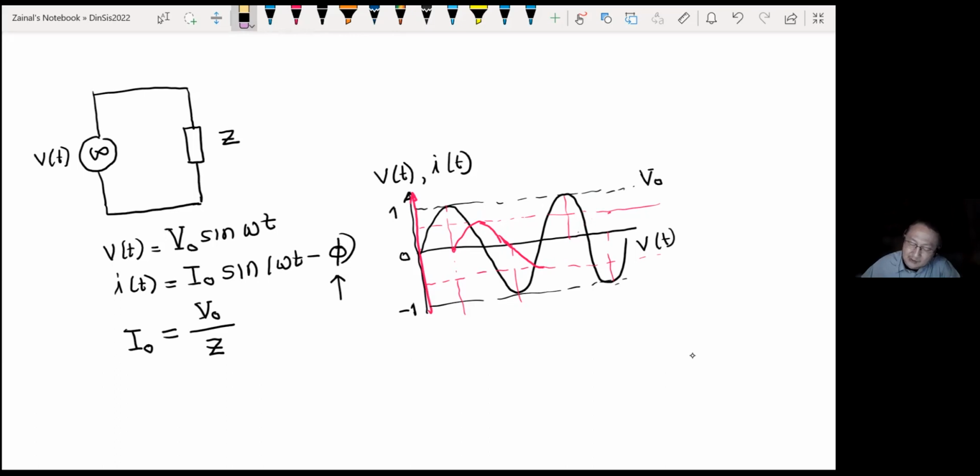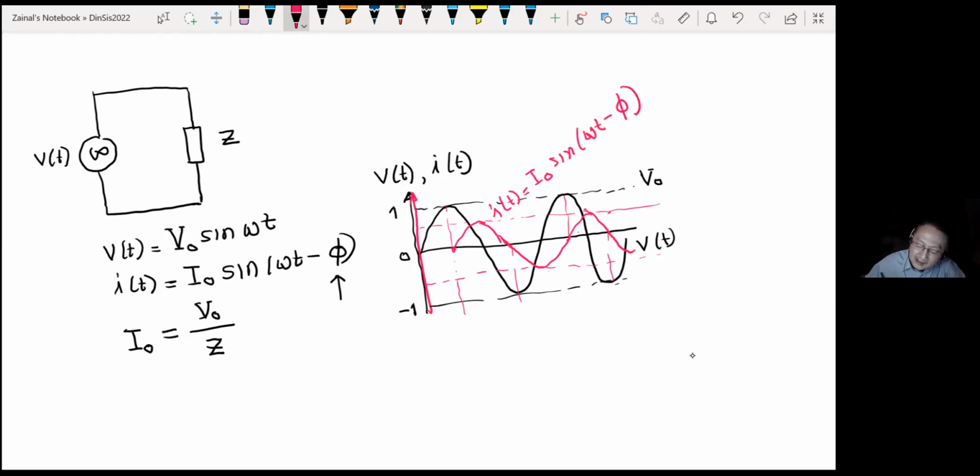This one 0, this one 0, maximum, something like this, and this one 0, maximum, and then this one is something like this. This one is I(t), which is the same with I0 sin(omega t minus phi).